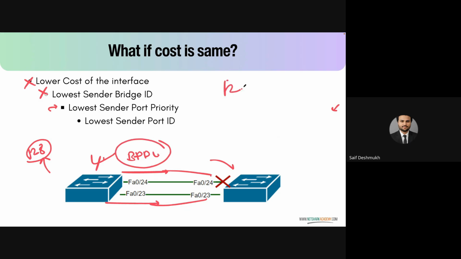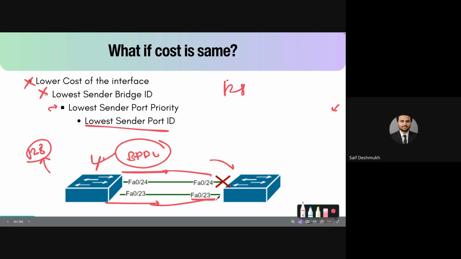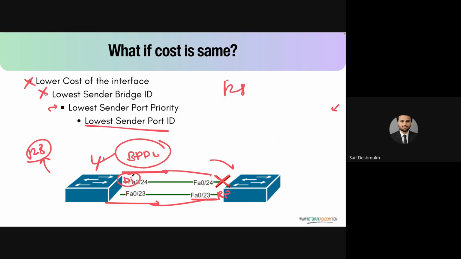But if that is the same, then the ultimate tiebreaker is going to be the lower port ID, and that's why /20 0/23 is going to become the root port, and the other will definitely be blocked because the other switch will put the interface into designated port.